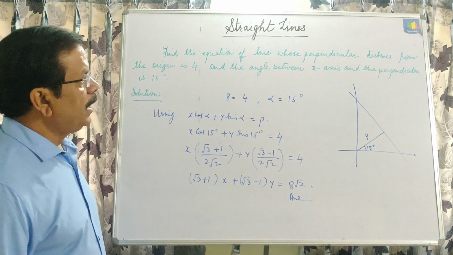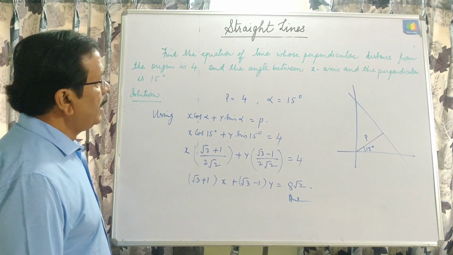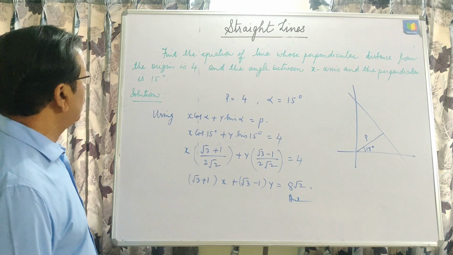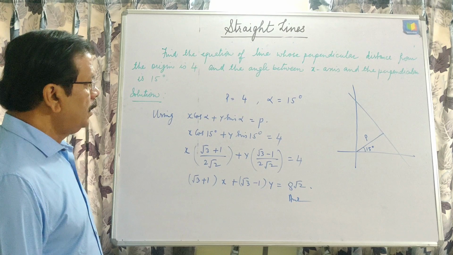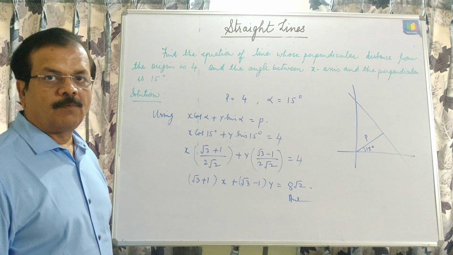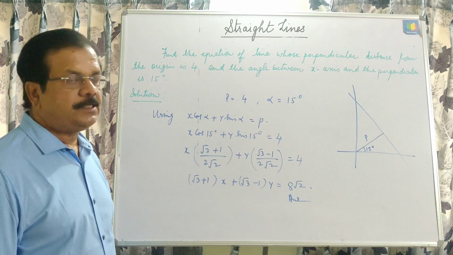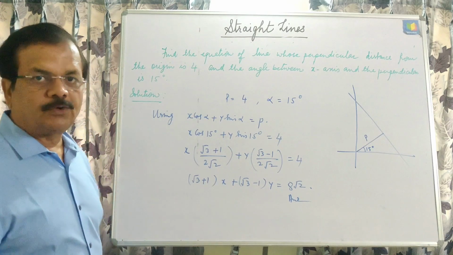Find the equation of the line whose perpendicular distance from the origin is 4 and the angle between the x-axis and the perpendicular is 15 degrees. If you recall, this is the perpendicular form or normal form of the equation we just studied, that is x cos alpha plus y sin alpha is equal to p.